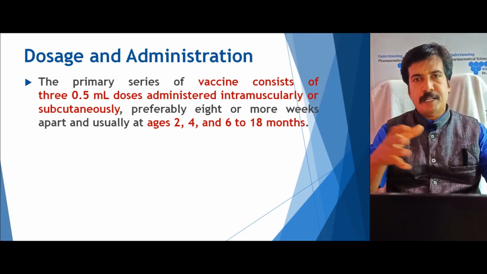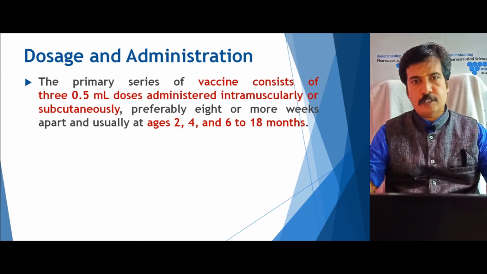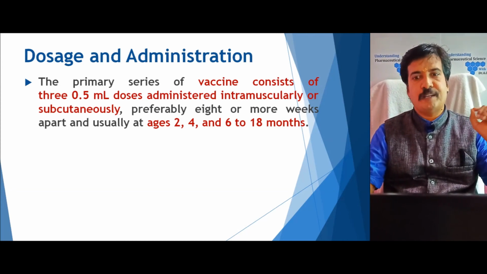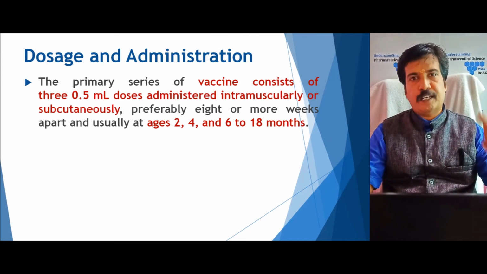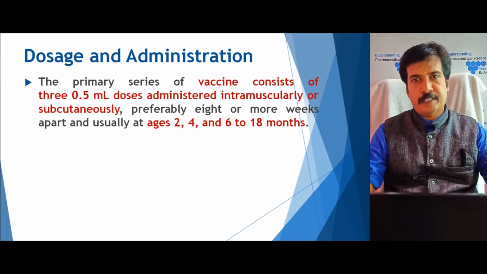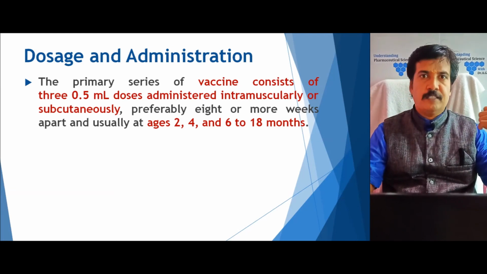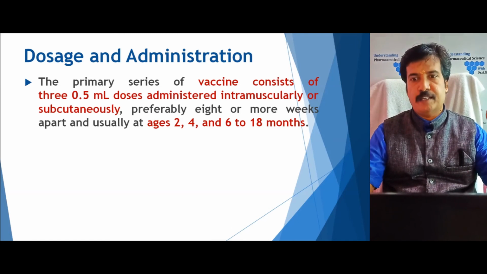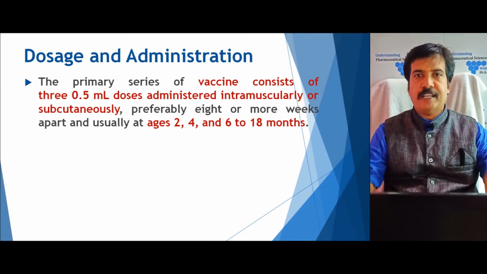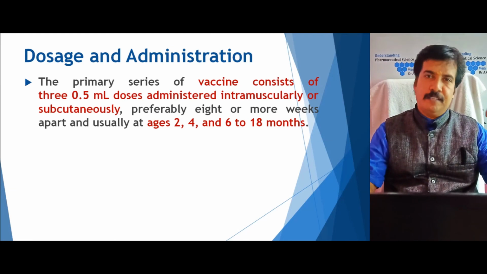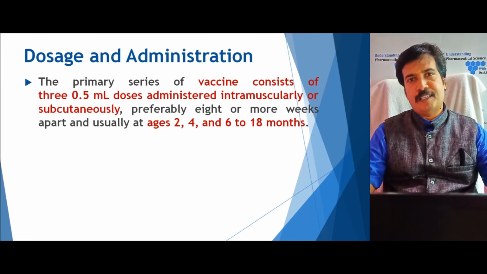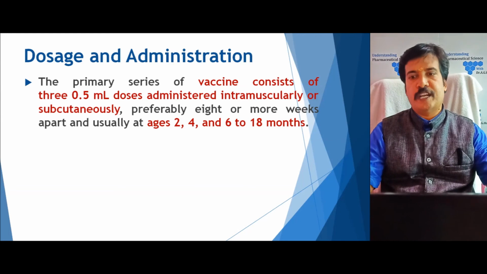The primary series is generally 3 doses of about 0.5 ml. It can be administered intramuscularly or subcutaneously if it is a Salk vaccine, or given orally in case of a Sabin vaccine. It is preferred at the 2nd month, then the 2nd dose at the 4th month, and the 3rd dose between 6 to 18 months.